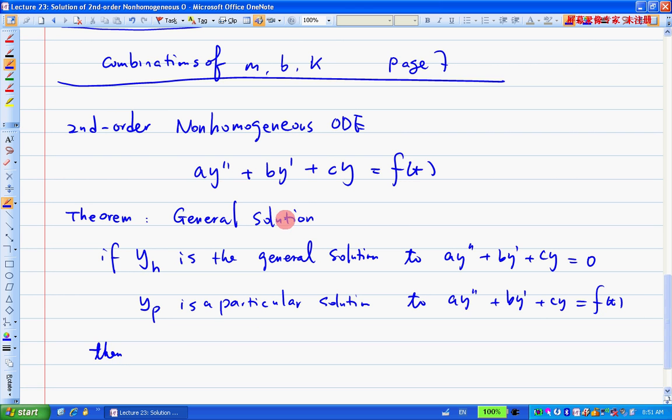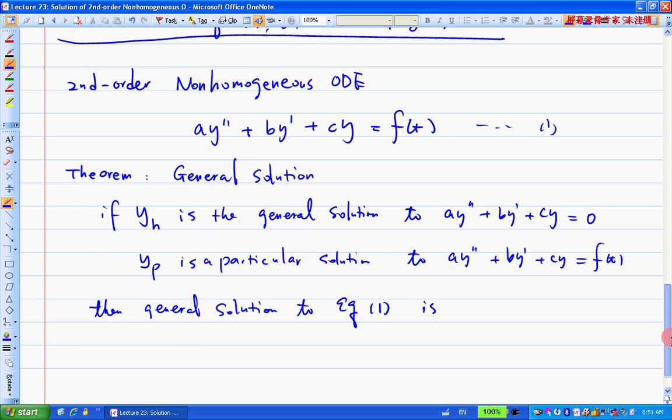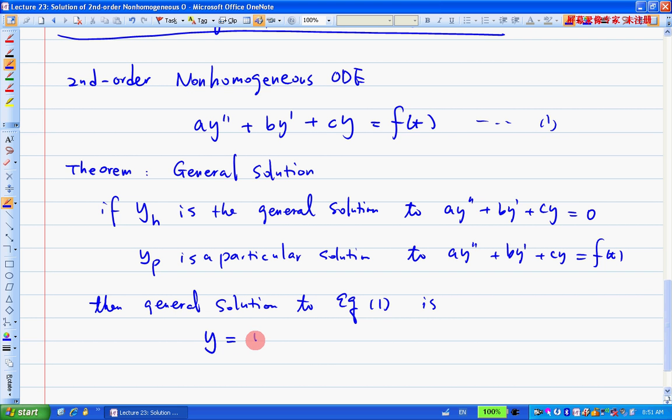the general solution to our non-homogeneous ODE, let's call this equation 1, is y equal to y_h plus y_p.